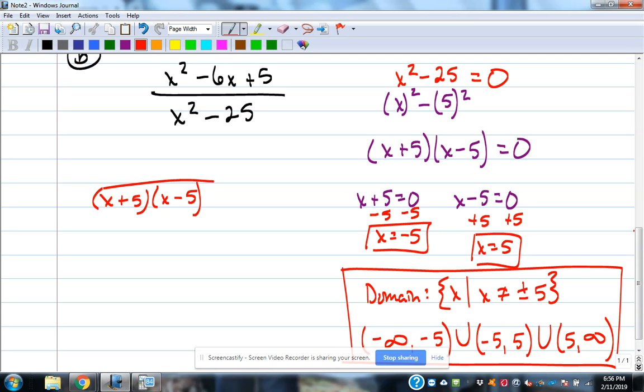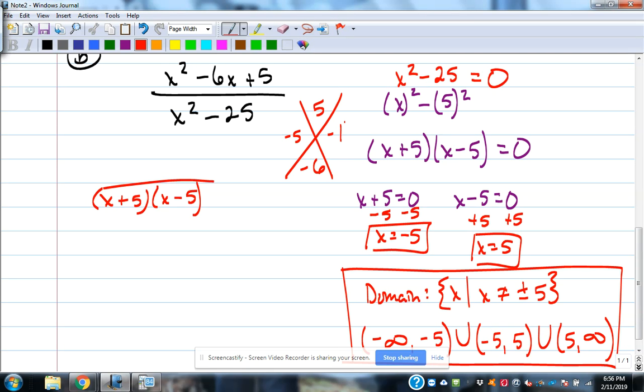So the numerator is a trinomial. It's got 3 terms. I can use the x method on it. 1 times 5 is 5. Negative 6 goes in the bottom. What multiplies to be 5 and adds to be negative 6? 5 times 1 is 5. 5 plus 1 is positive 6. We need to make them both negative. Negative 5 and negative 1.